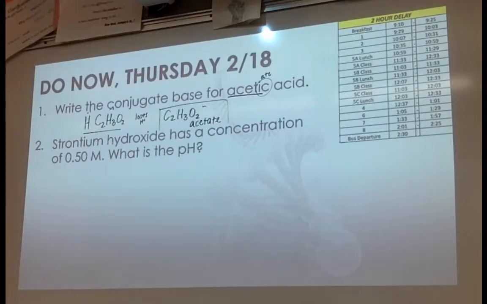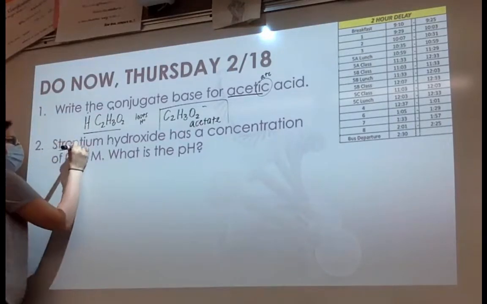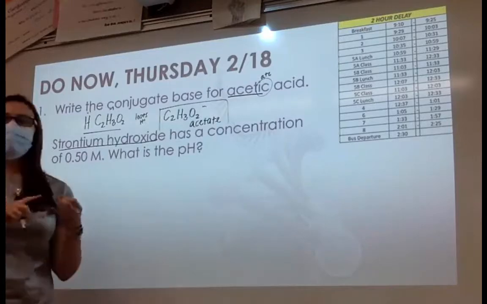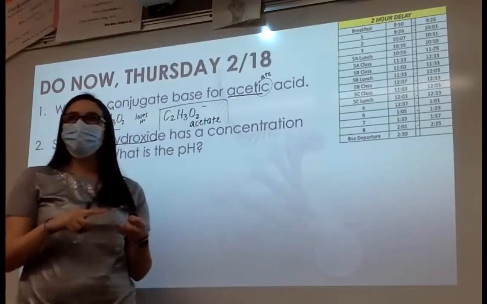Then number 2: strontium hydroxide has a concentration of 0.50 molar. What is the pH? As we start getting into more and more of these problems, especially today when we're looking at common ion, you need to label all of your substances. Label whether it's a strong acid, a weak acid, a strong base, or a weak base.